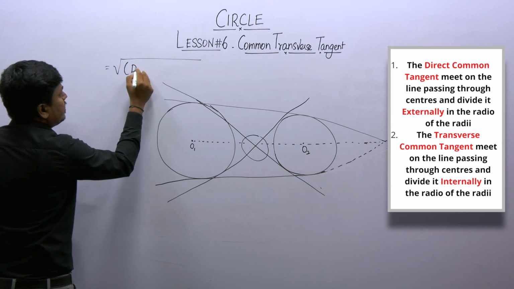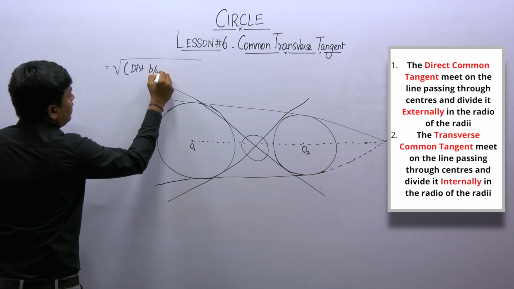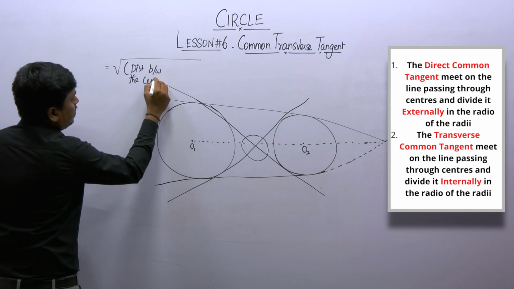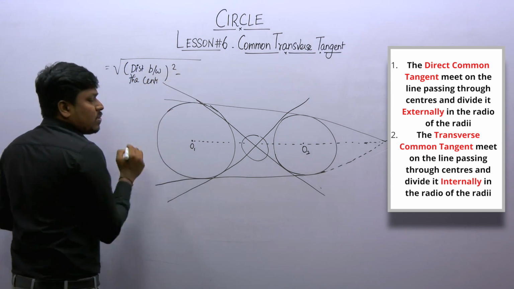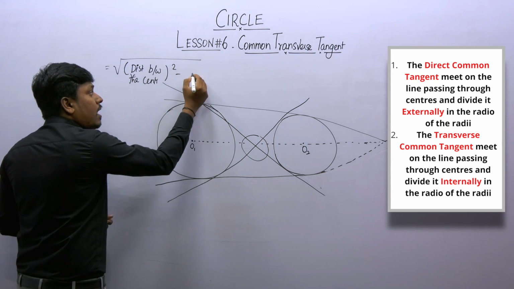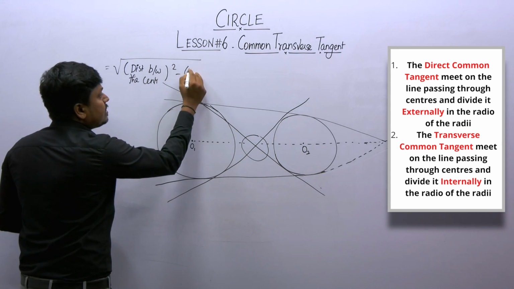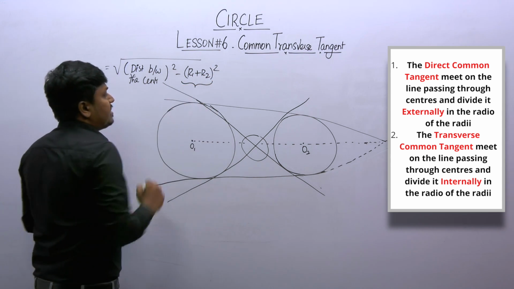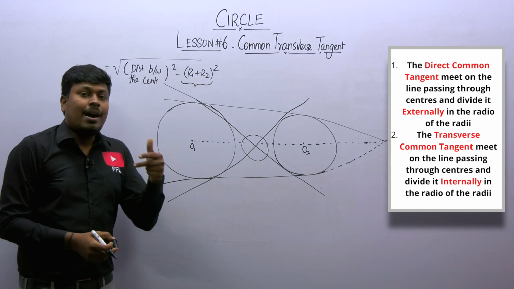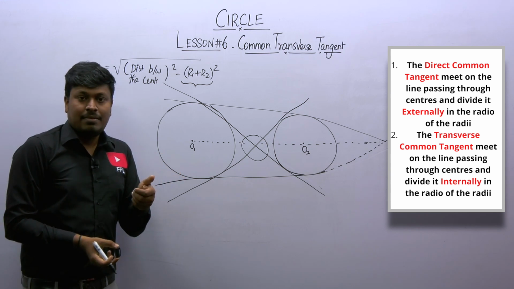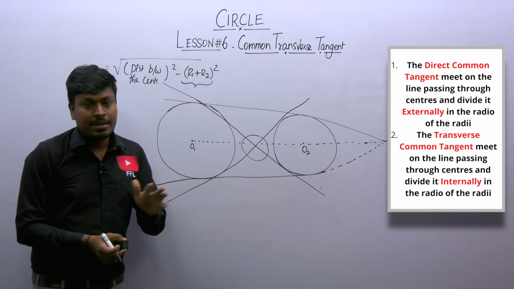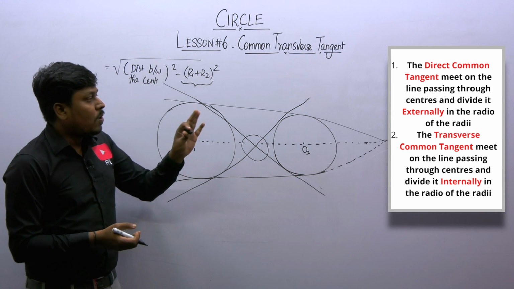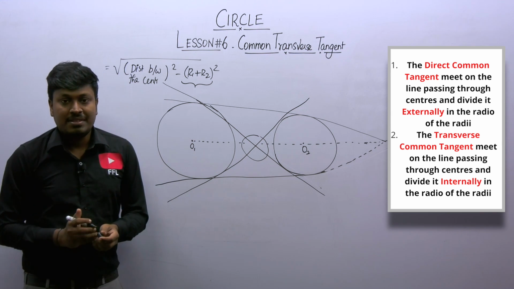Distance between the centers, the whole square, minus, in the previous lesson the formula is R1 minus R2. But in this lesson the formula is R1 plus R2 the whole square. So this will be the major difference. In the previous lesson it is R1 minus R2, but in this lesson the formula is R1 plus R2 the whole square. That's it. So let me move on to all the 5 questions in this lesson number 6.